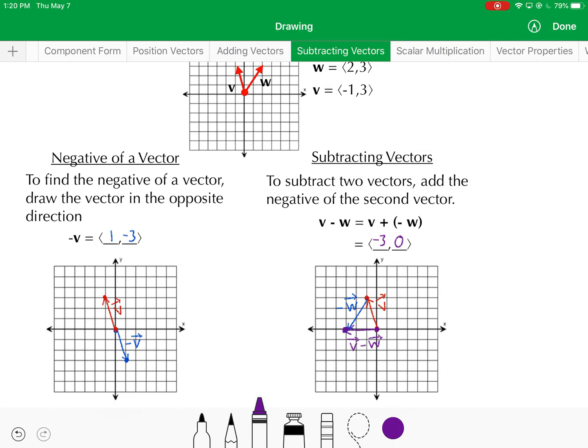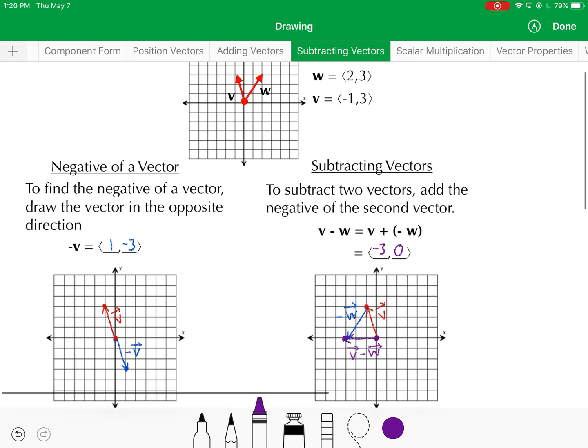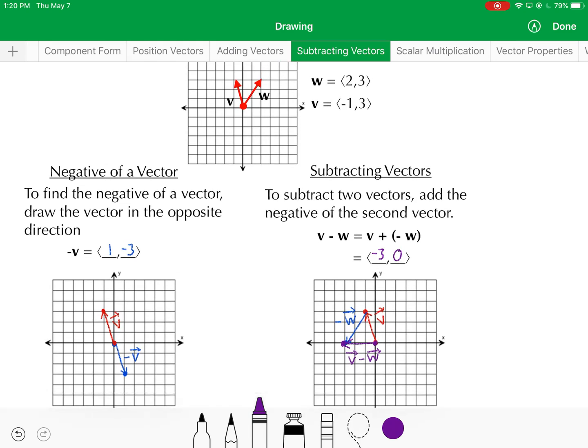Okay. Now notice algebraically how you could have gotten the negative 3 and the 0 just by using the original components of vector v and vector w. So if you took vector v's horizontal component, which is negative 1, and you subtracted it by w's horizontal component of 2, negative 1 minus 2 gives you negative 3.